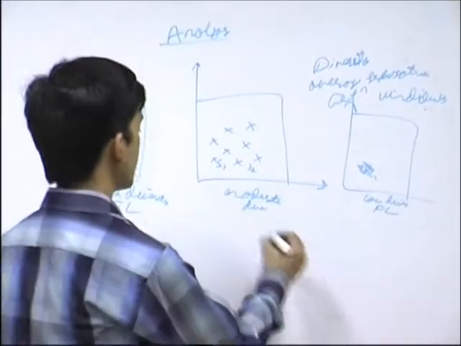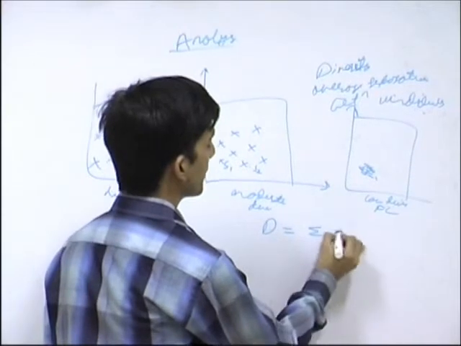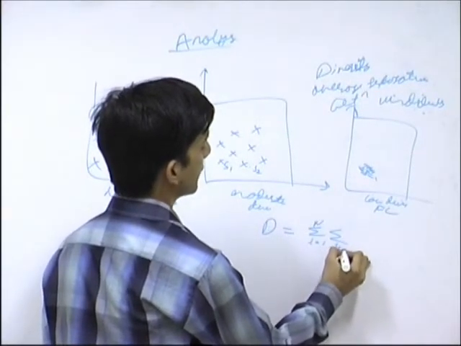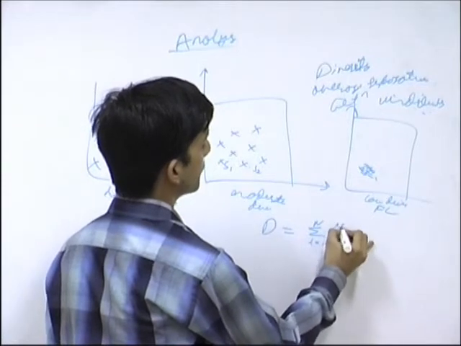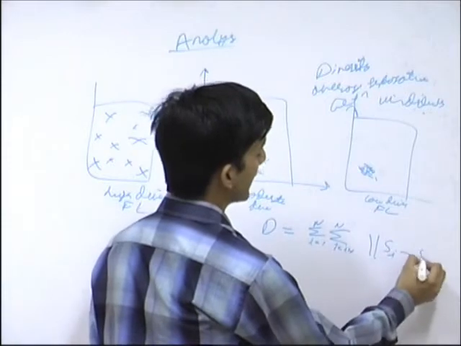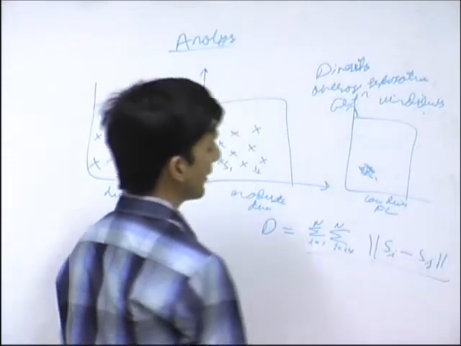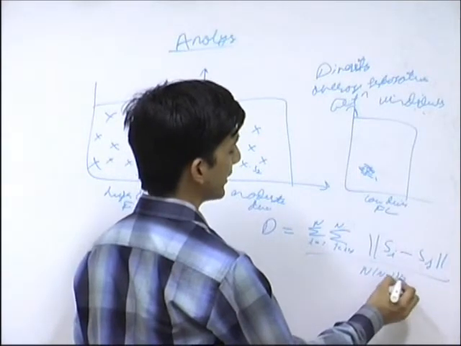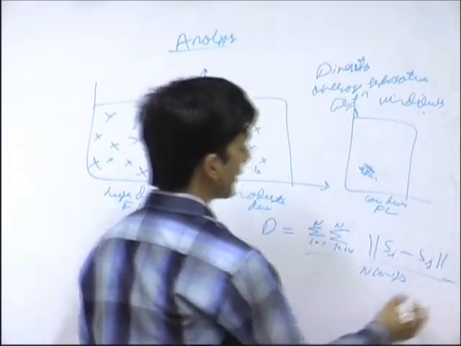And my diversity would be measured by the summation over i equal to 1 to n, j equal to i plus 1 to n, of the separation between an individual Si and Sj, and there will be approximately n times (n minus 1) by 2 additions.